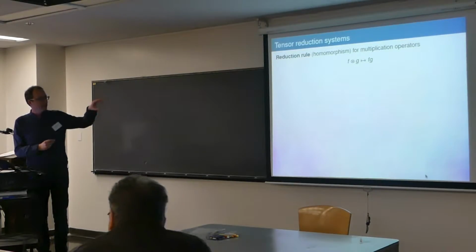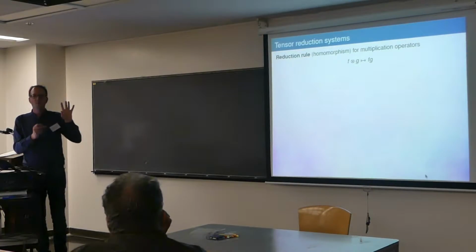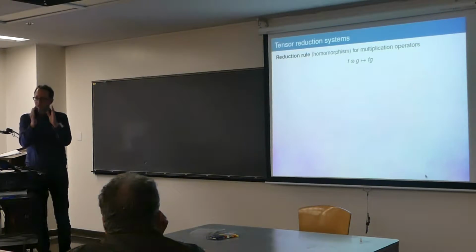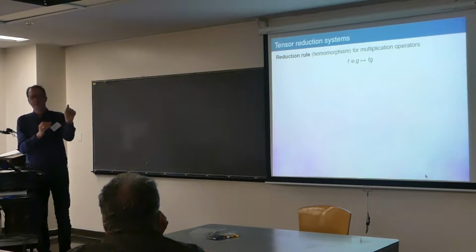And in general, such a reduction rule is just a homomorphism on the tensor algebra, where you replace certain tensors by a sum of other tensors, usually of smaller length.